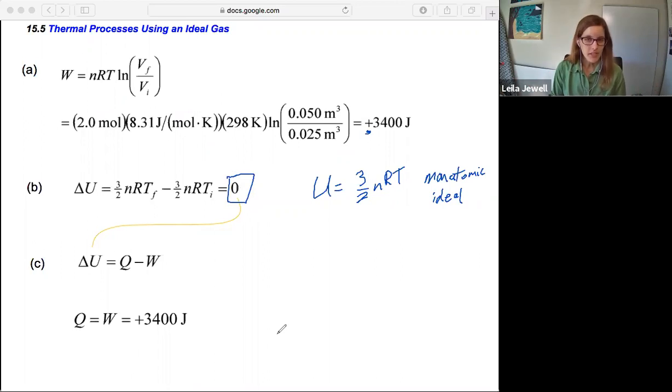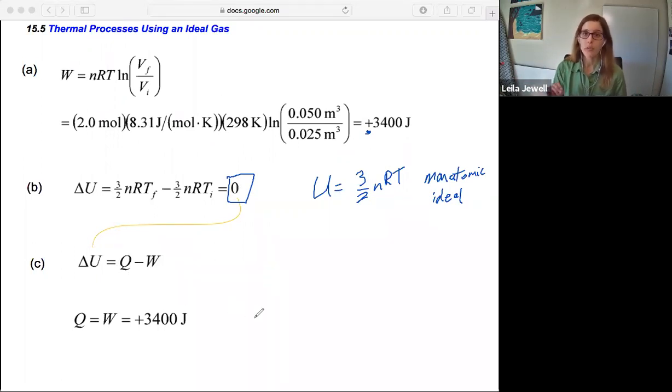So now we can take this and go back to our first law, put in the 0 for the delta U, and that means Q has to equal W, right? We could add W to the other side, we get W equals Q or Q equals W. So the heat has to be equal to the same, positive 3,400 joules.